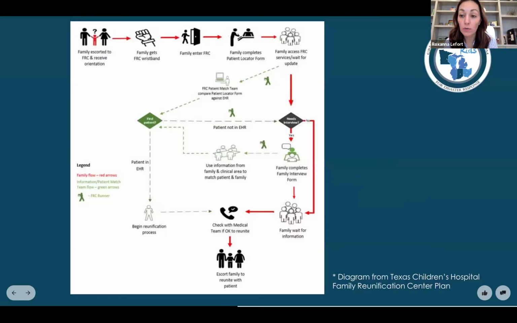They complete the form there, so they basically check in and put their information in so that the tracking process can get started. Then they stay in that family reunification center, and that's where they wait. They wait for updates, wait for information, and then, as you can see, whether they get reunified with the family or when they find that match, they are escorted somewhere else to get reunited, which we'll talk about.